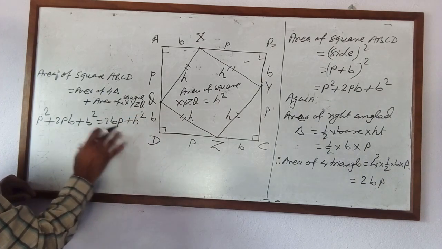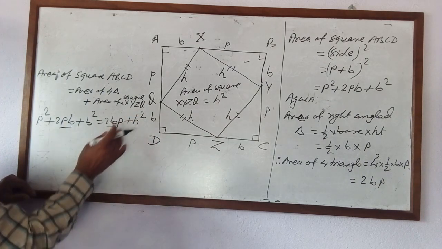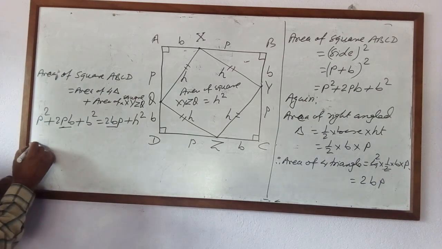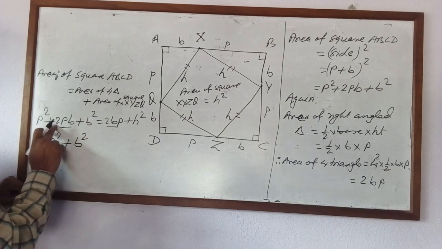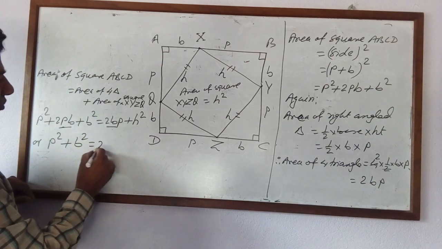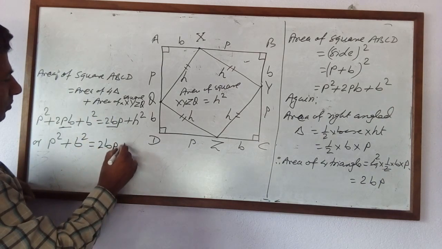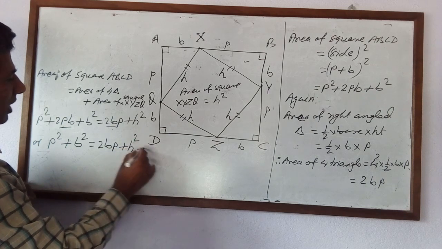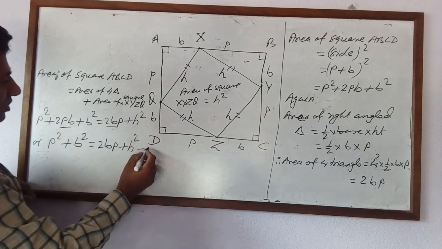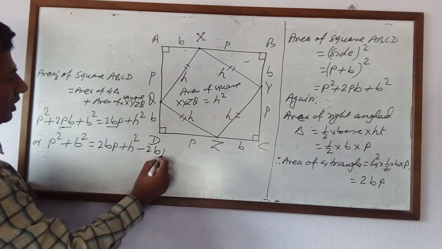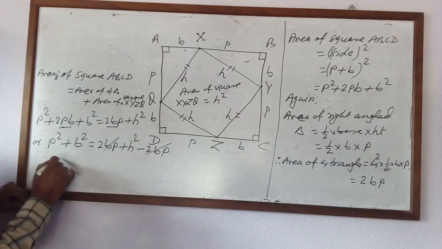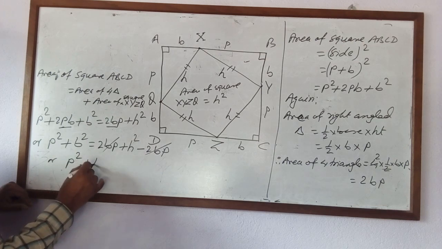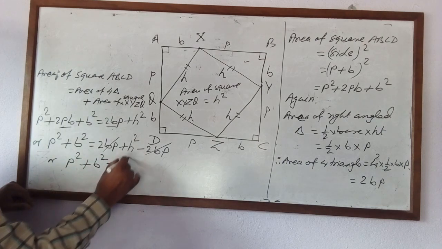Now this 2BP and this 2BP, when they come on the same side, will cancel. P square plus B square, I'll take that side, 2BP plus H square, and when 2BP goes that side it will be minus 2BP. After subtraction this gives 0, therefore we found P square plus B square equals H square.